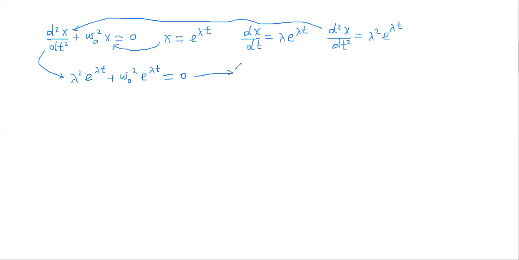To do this, we can simplify this equation. We can write the equation for lambda: lambda squared plus omega 0 squared is equal to 0.